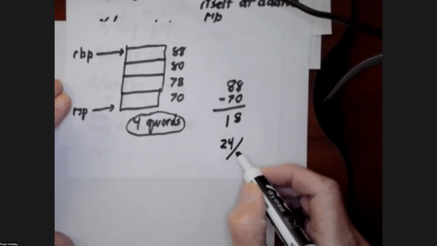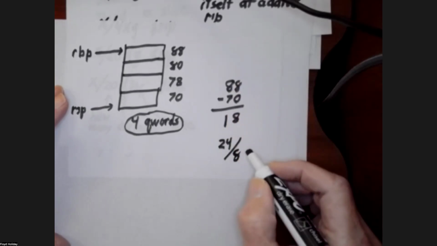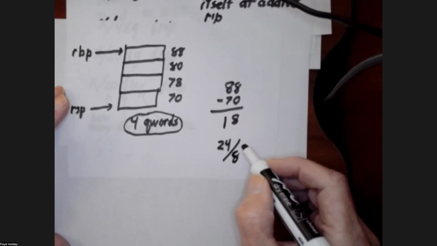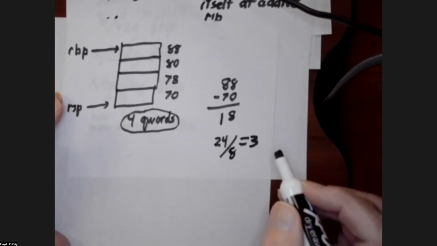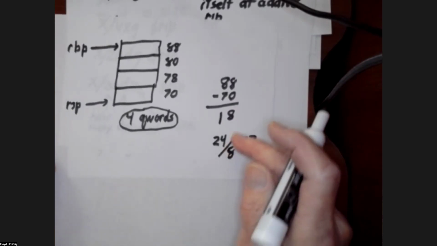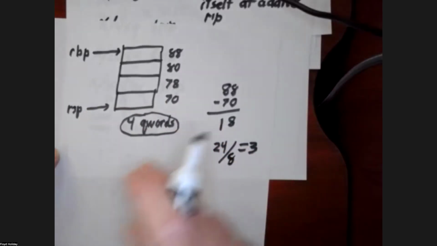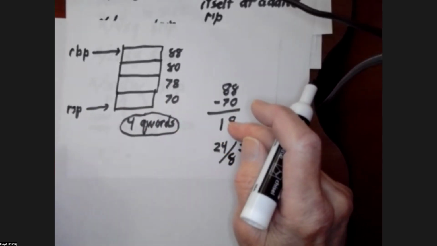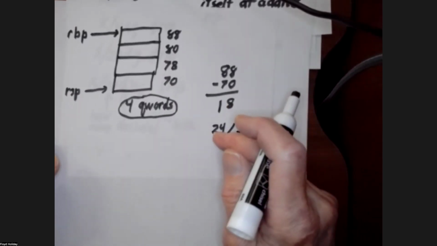24 divided by 8. Those are bytes, by the way. 24 divided by 8 is 3. You follow that? So the distance measured by this is 18 bytes, 18 in hex, which is 24 in decimal.